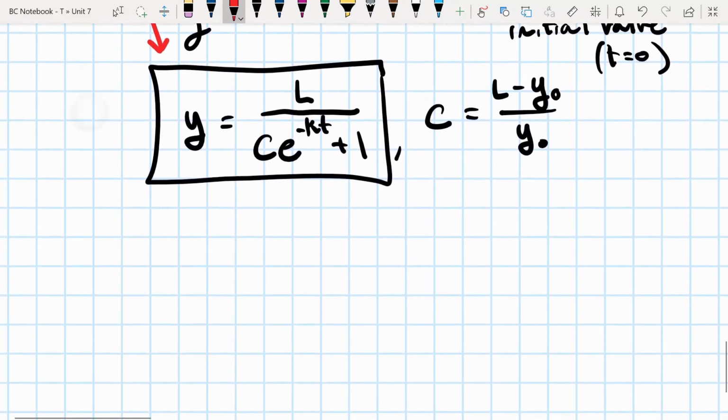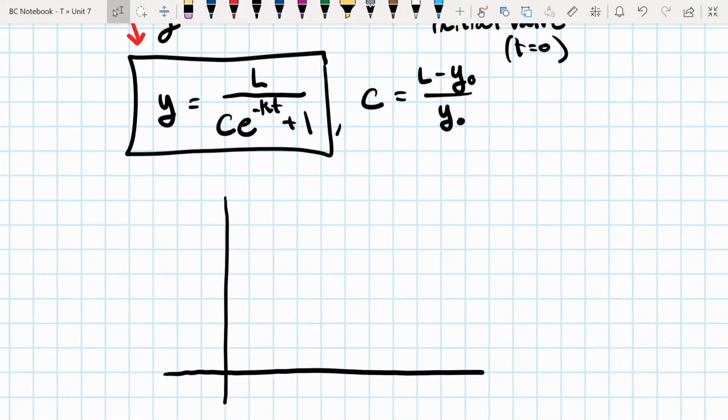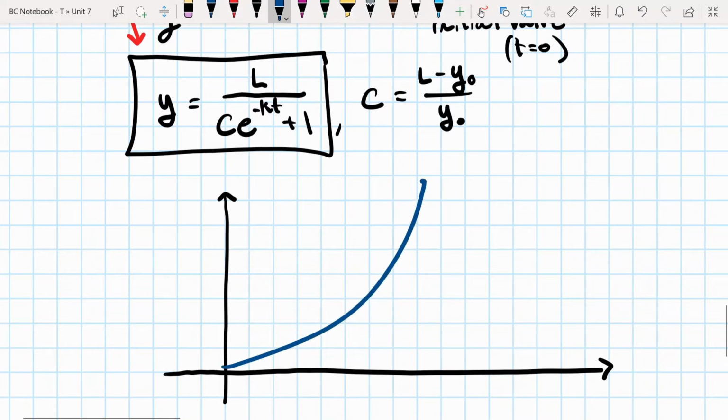Okay, so what does this look like graphically? What are the solutions that these look like graphically? Well, we know that when we were dealing with just the normal exponential function, which was our solution, exponential functions look like that. This is going to be different though. So this is y is equal to c e to the k times t.